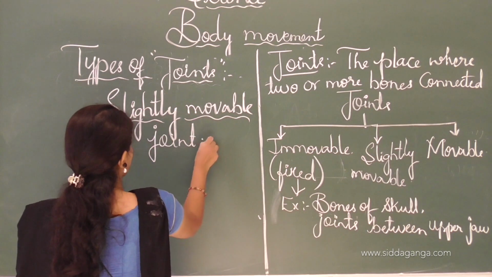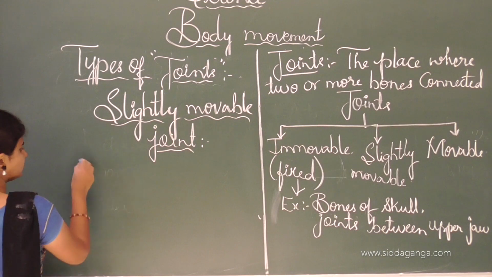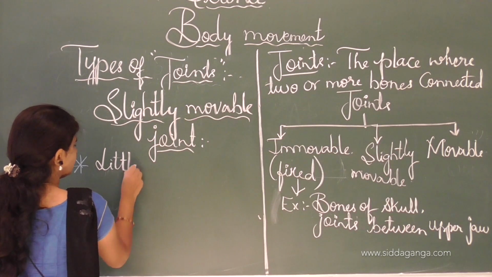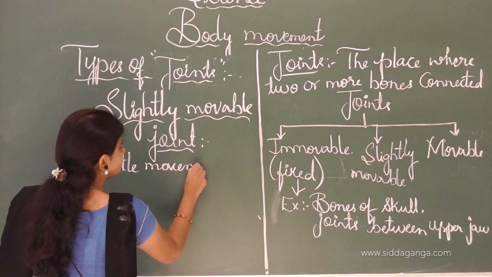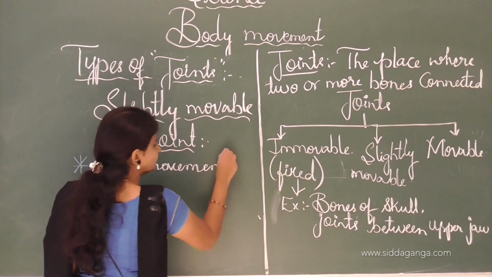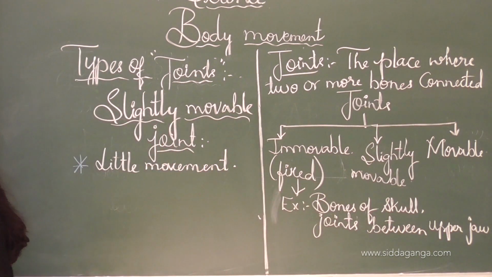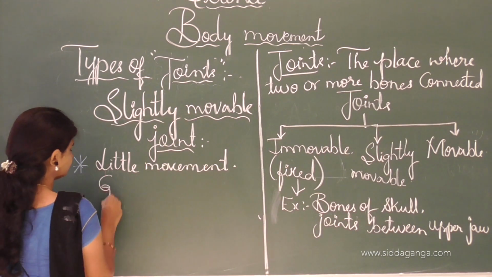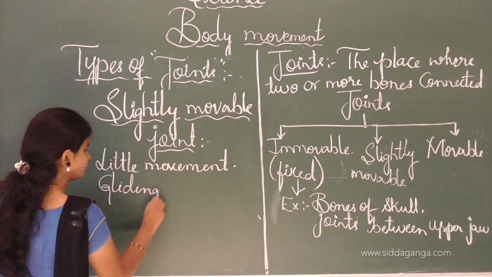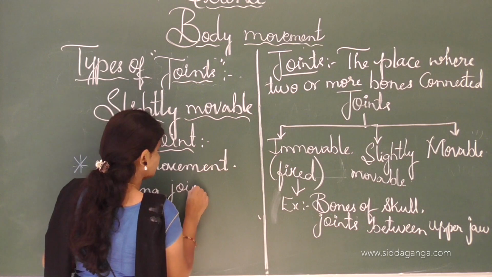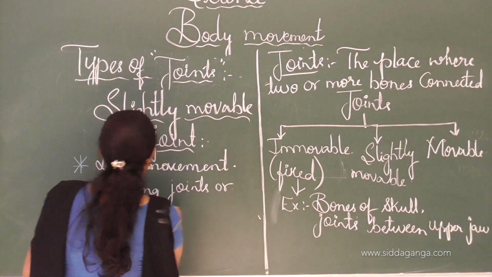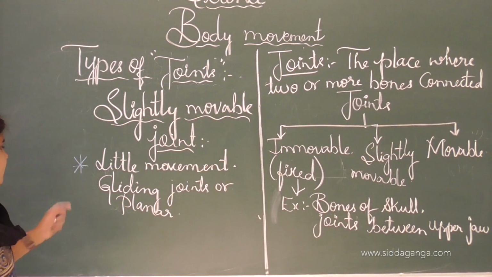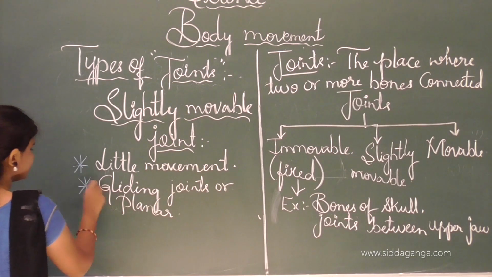In this type of joints, a little movement takes place, and these are also called gliding joints or planar joints. They allow slight movement.